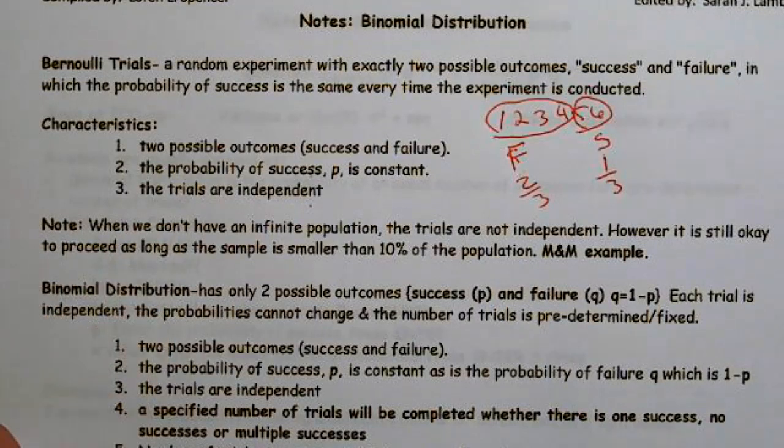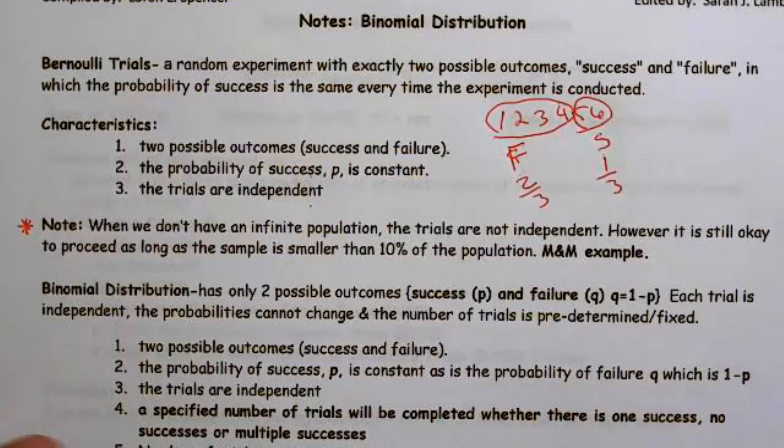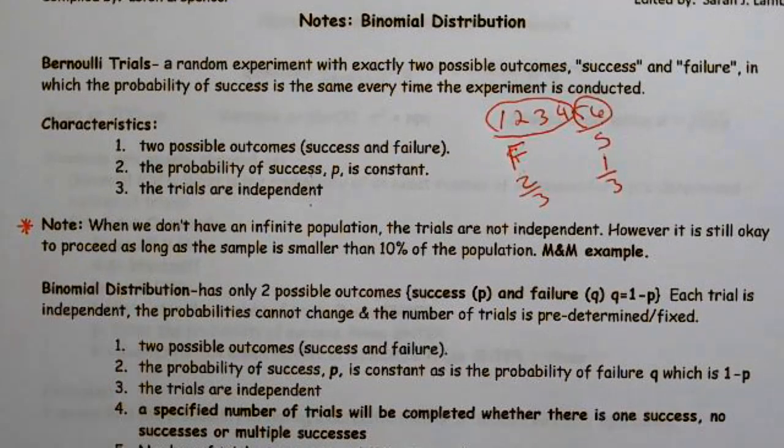That said, there's one little caveat that's not going to be that important right now. We will develop it much later, actually in the third quarter. But once again, if we have a very large population, like a giant pile of M&Ms, and I take an M&M and eat it, technically the percentages change.